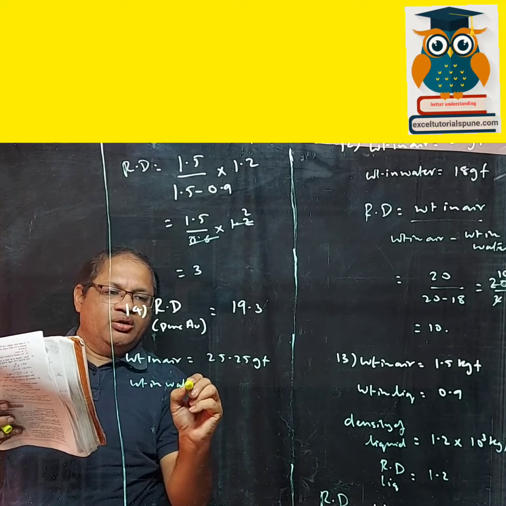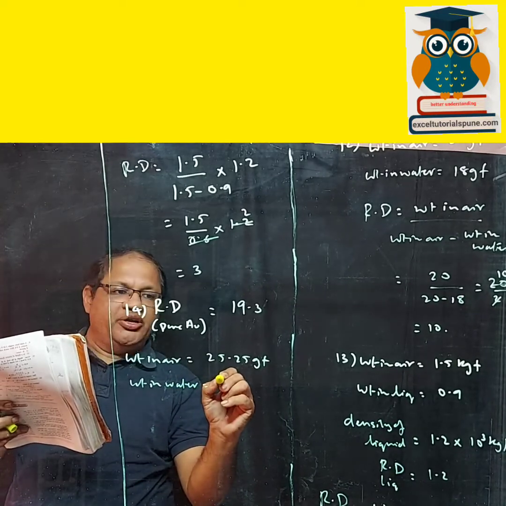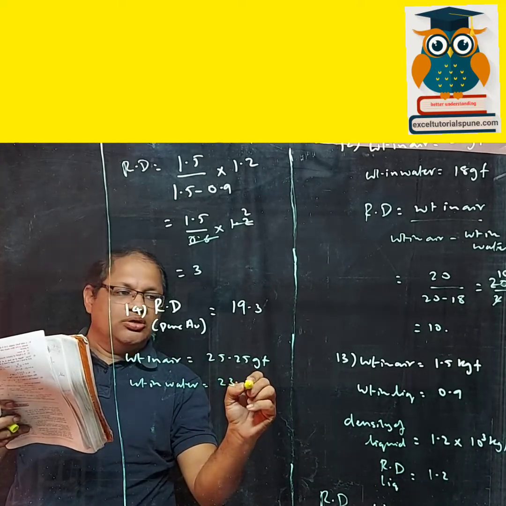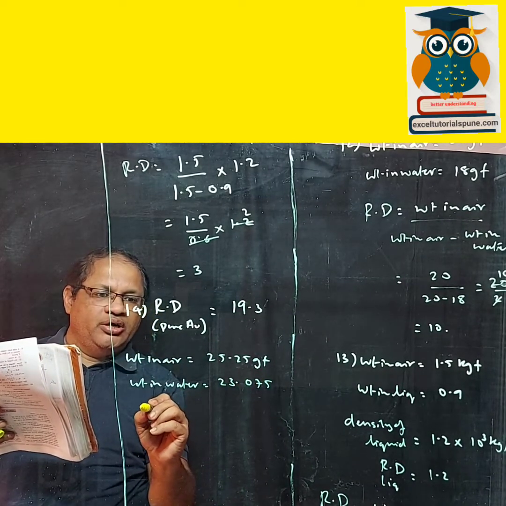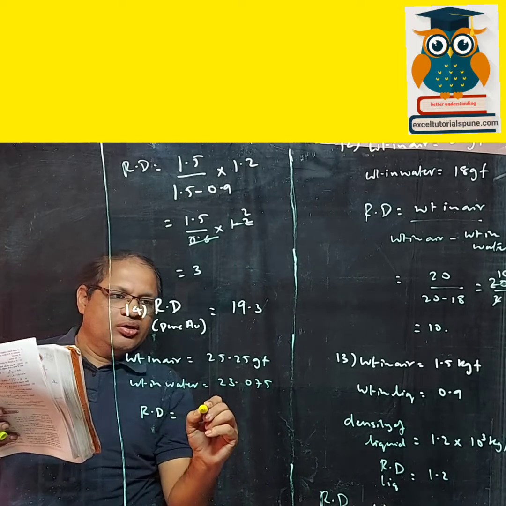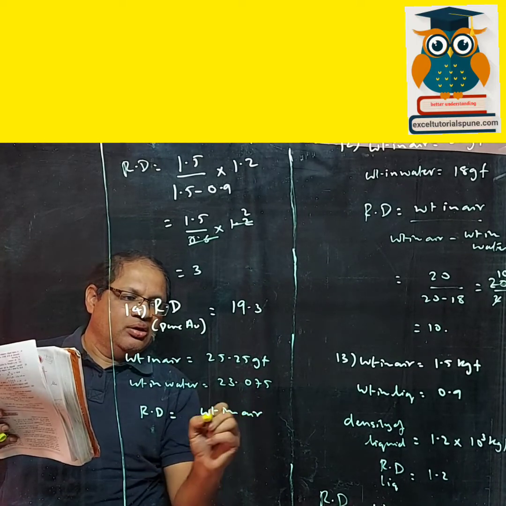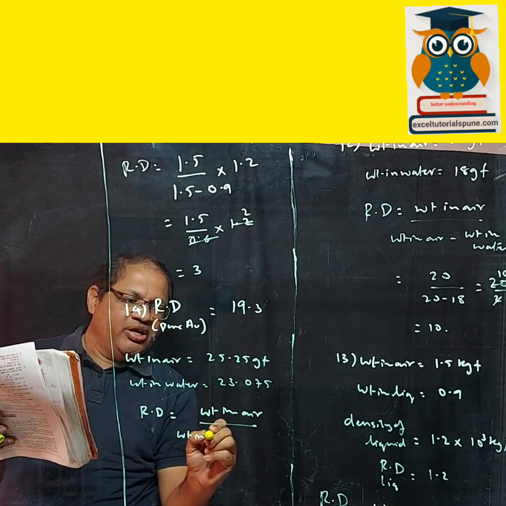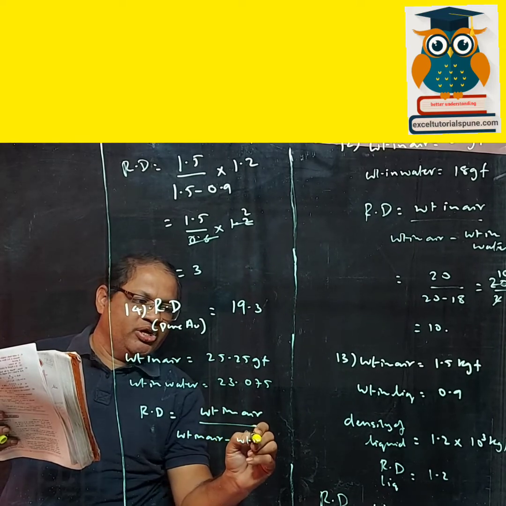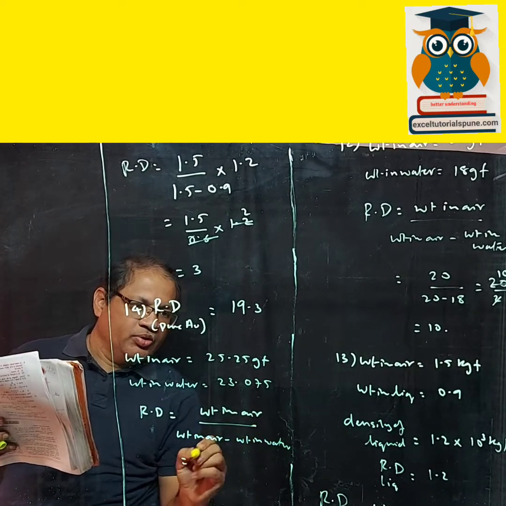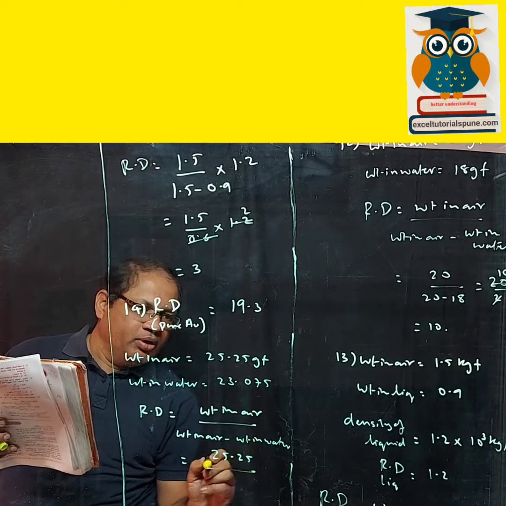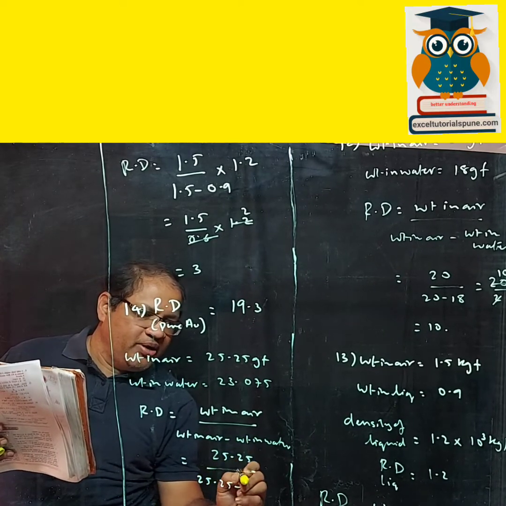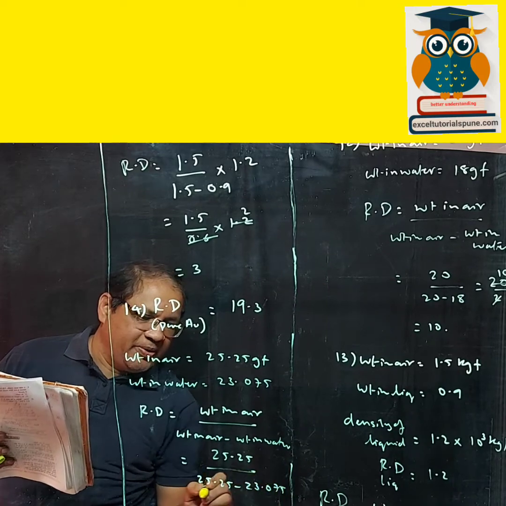Weight in water is 23.075. Now we can find out the relative density. Weight in air upon weight in air minus weight in water. So weight in air is 25.25 upon 25.25 minus 23.075.